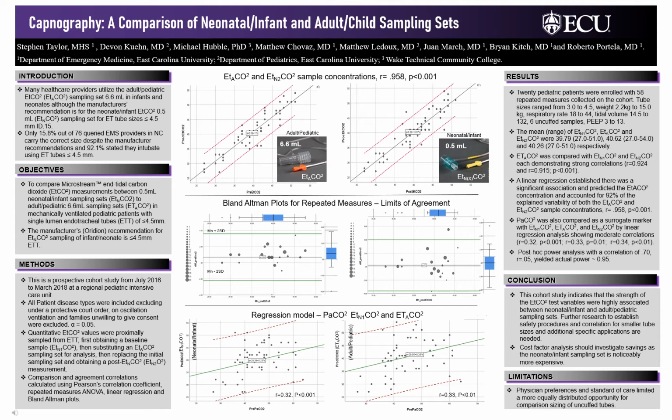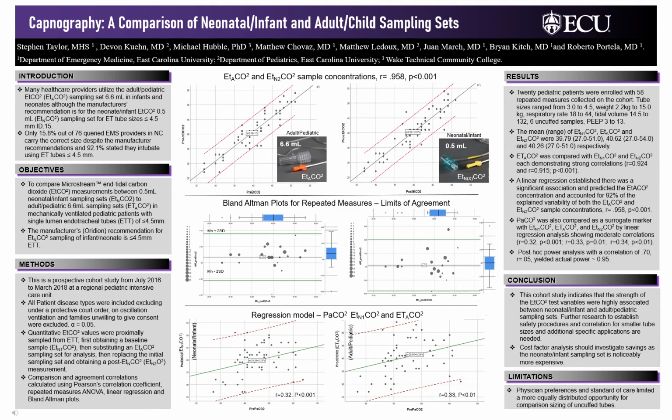The bottom figure is the PaCO2 comparison, which we used a linear regression model which showed moderate correlations for both sample sets of R 0.32, 0.33, and 0.34 to a p-value of 0.01, and one of them, 0.32, was 0.001.